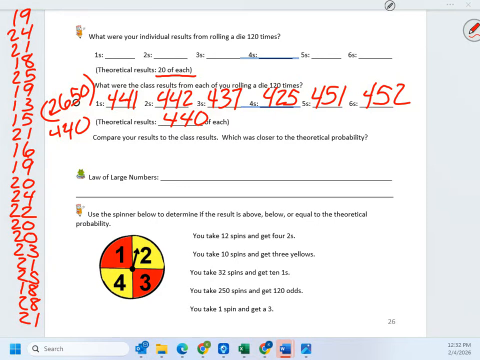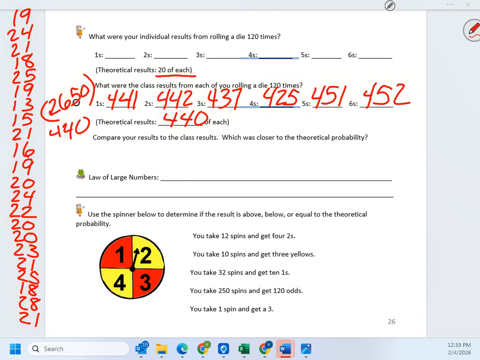All right, so figure out your individual, then figure out the class. What was the probability for each number? Which one overall was closer? You might have gotten a 20 for one of the numbers, but for all 6 numbers, were you closer to that theoretical, or was the class closer to the theoretical?